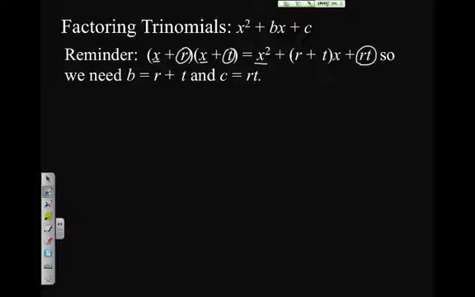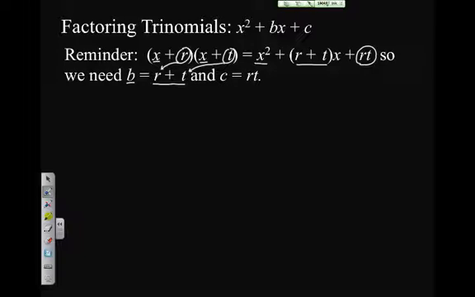So the product of those last two pieces gives us rt. One thing that's interesting is the middle coefficient is always the sum of those two last pieces. So if you notice, this b term here is the sum of r and t.